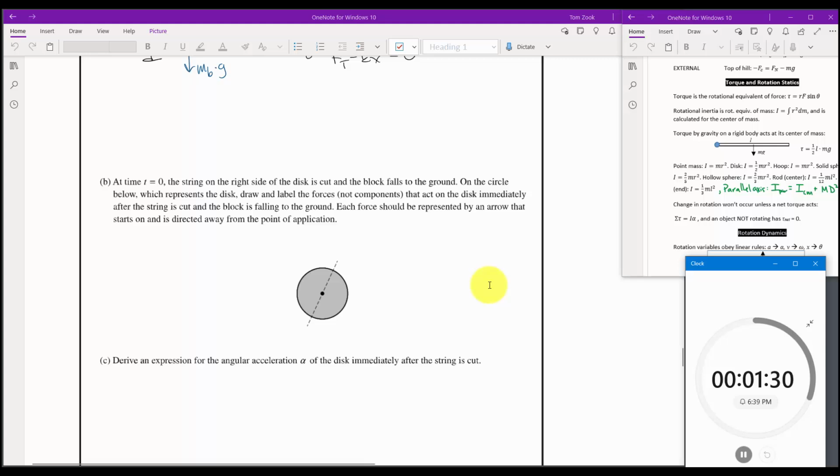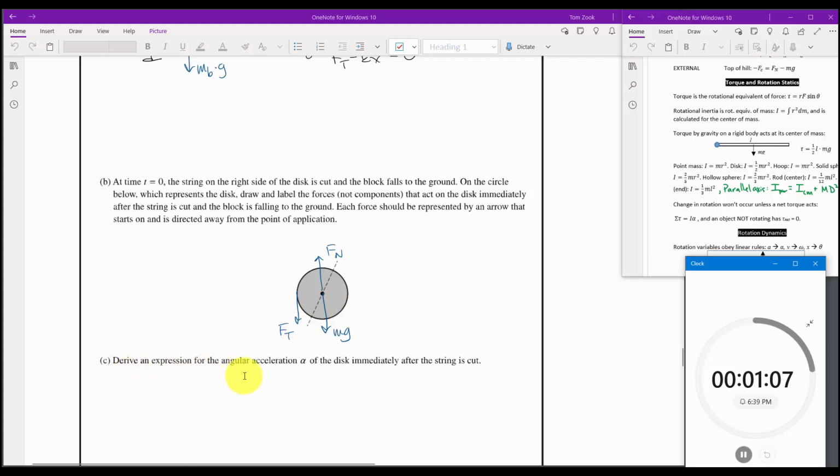So we should have the force of gravity acting down on it, and then a normal force going up from the support. I know what you're thinking. I didn't think of that, but yeah, everything's got a force of gravity acting on it. And it still has the string over here that's got a tension force in it, but the string on the other side's gone. So I think that's all that we'd have to put there.